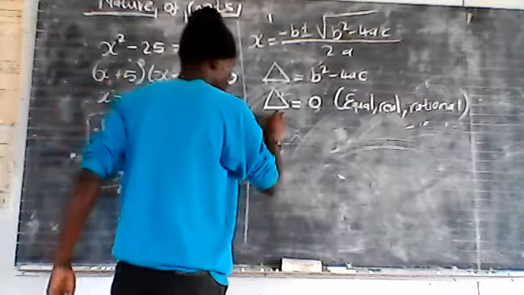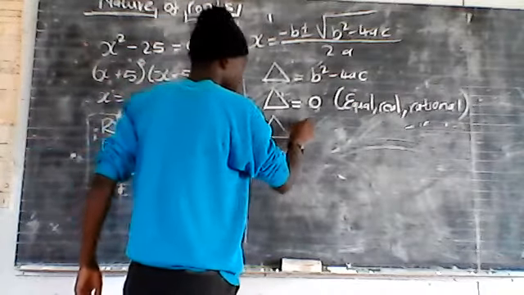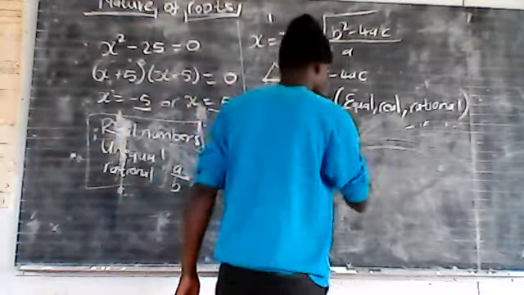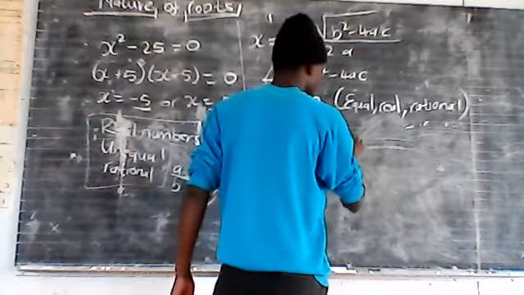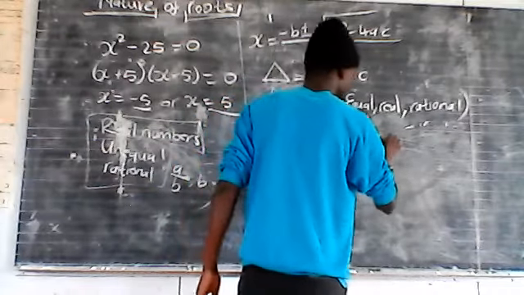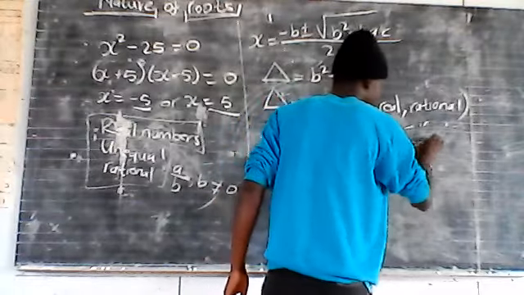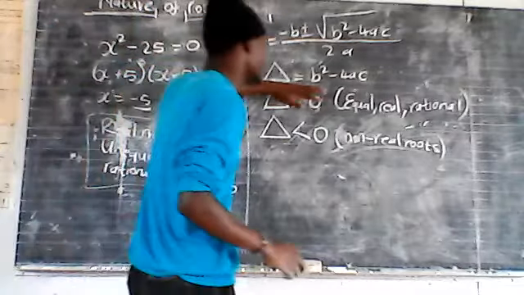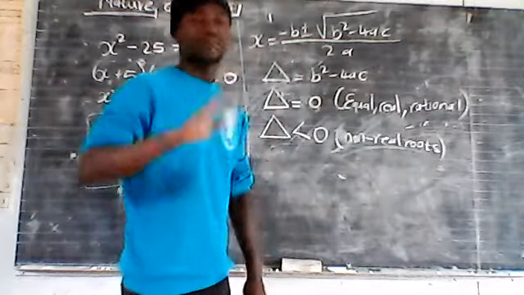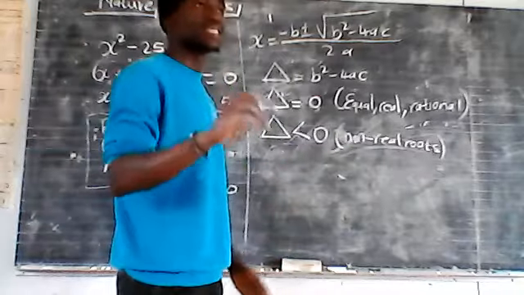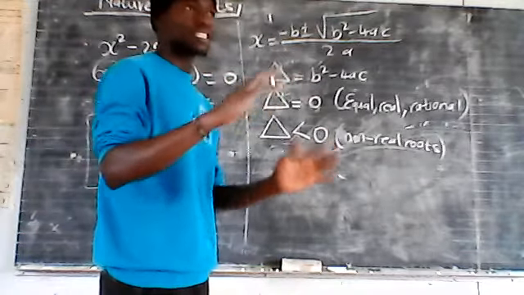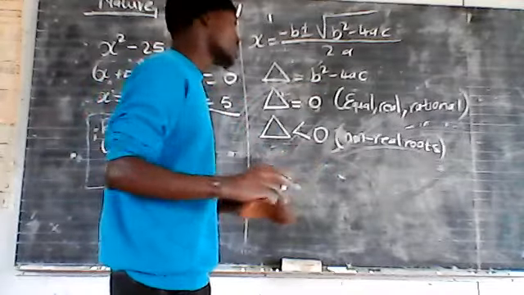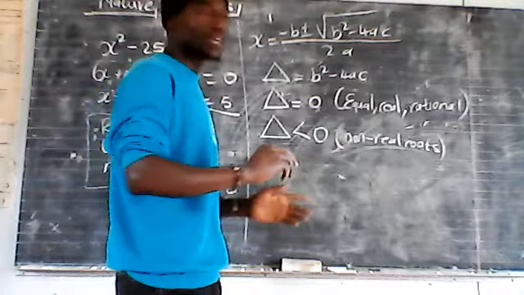Coming to the second one, when the discriminant is less than 0, you'll be having non-real roots, guys. So for a function where you calculate a discriminant and it becomes something negative, or less than 0, if you were to draw that function, remember we are talking about a quadratic function or a parabola, we will not have any x-intercept.